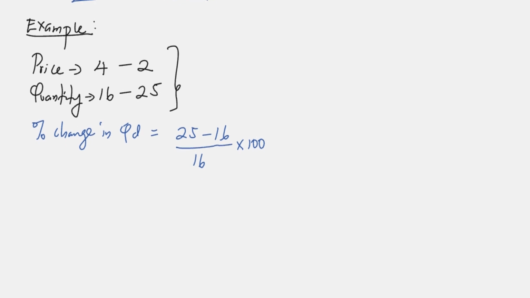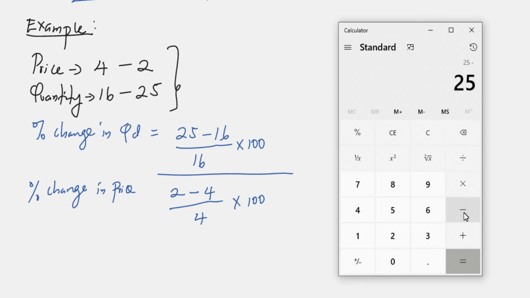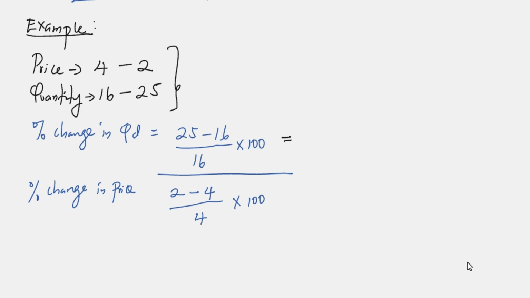This is final minus initial over initial multiplied by 100%, which will give us the percentage change in quantity demanded, and this we divide by the percentage change in price, which is 2 minus 4 over 4 times 100%. Of course, final minus initial over initial times 100%. Let me use my calculator here.